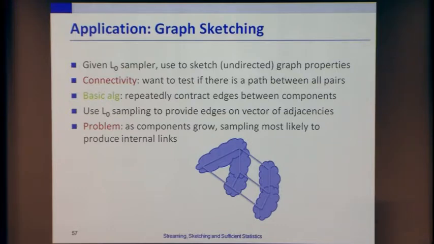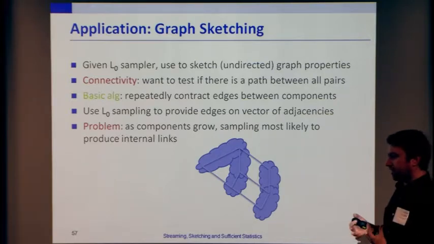So let's actually make use of it. Let's use it to learn something about graphs. This is due to Ahn, Guha, and McGregor. Let's think about a very large graph, which again we're viewing in this streaming world where we're seeing edges arriving and departing.